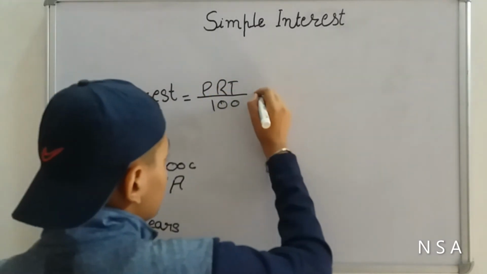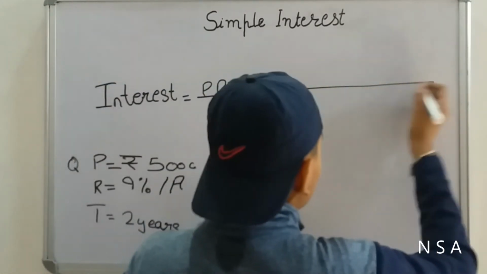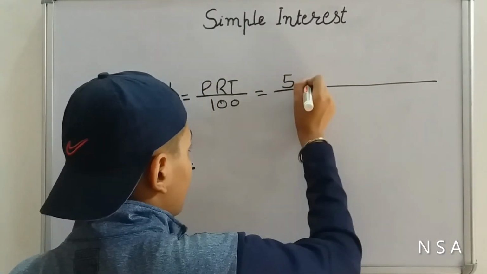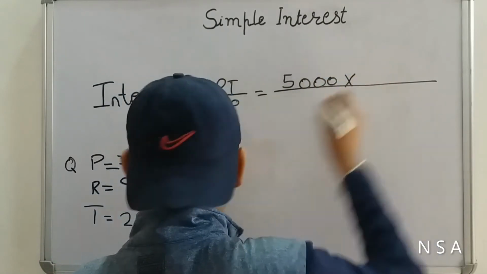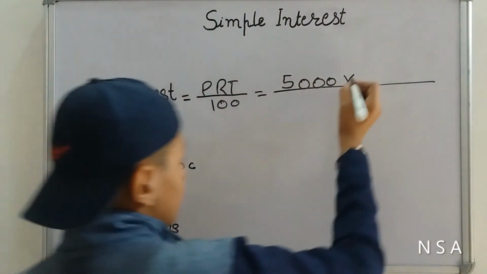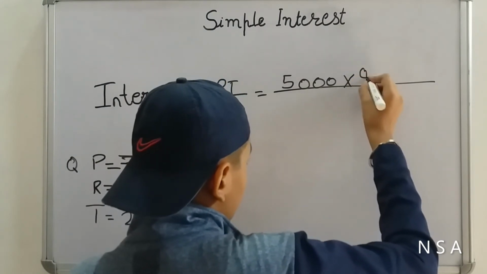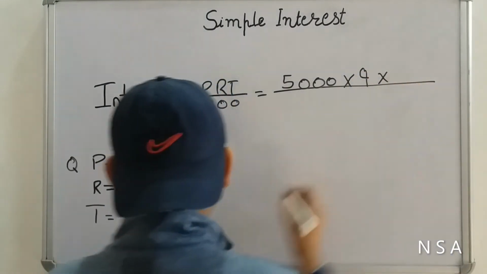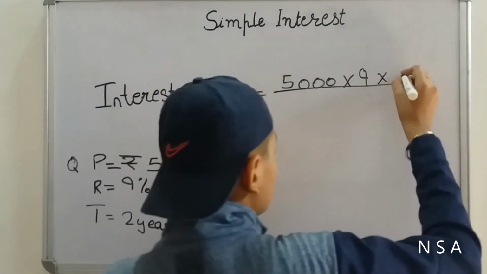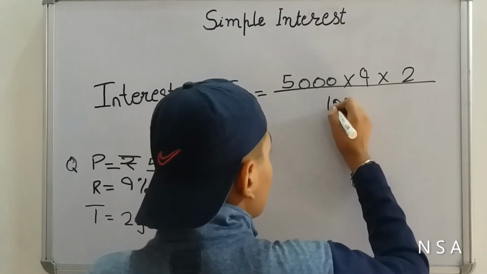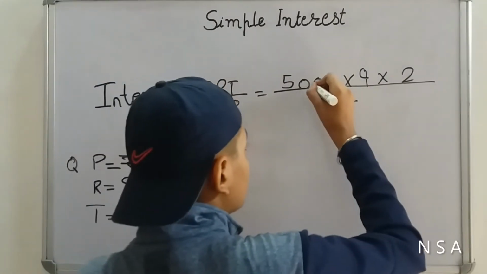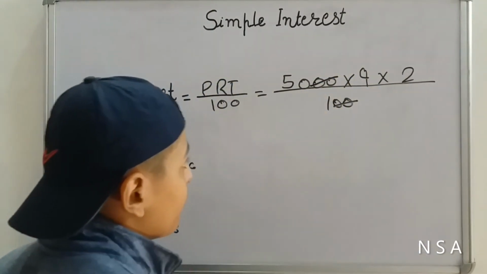Okay, let's put the values. It will come 5,000 multiplied by rate 9%, 9, multiplied by time 2 years, 2, by 100. Okay, the 2 zeros of 100 are cut with the 2 zeros of 5,000.